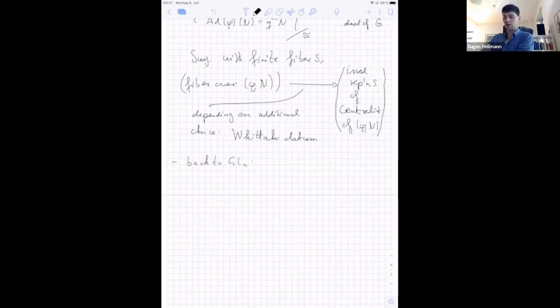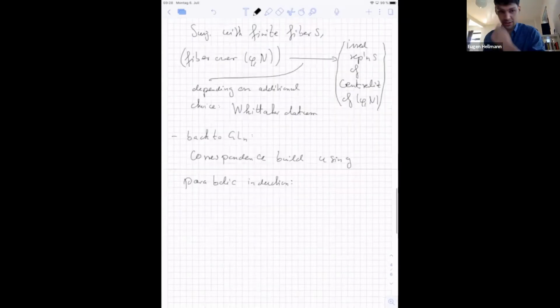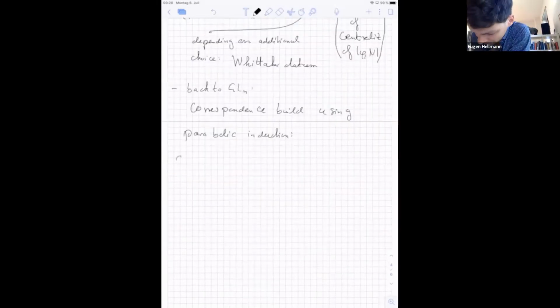Okay, so let me go back to GLN and recall how this correspondence is built. The correspondence is built using parabolic induction, and in fact, this is done in 2 steps.